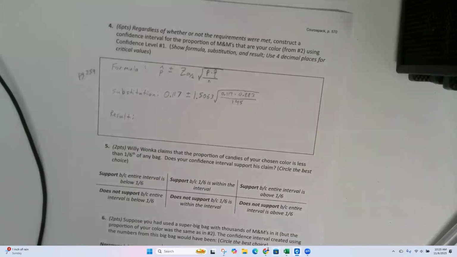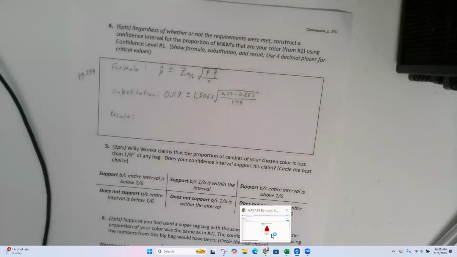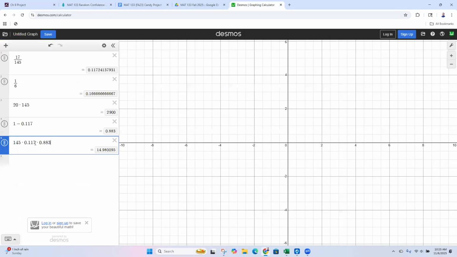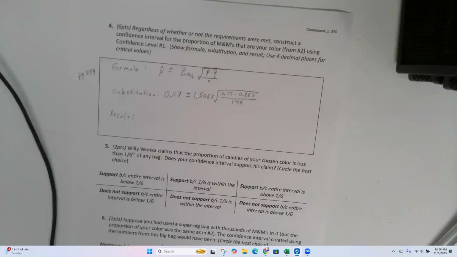I'll do a little bit of both today. If I do it in StatCrunch, you'll notice that this p-value that I calculated was not exactly 0.117. It was actually 0.11724 and so on. I rounded it, and that's why you'll get differences.